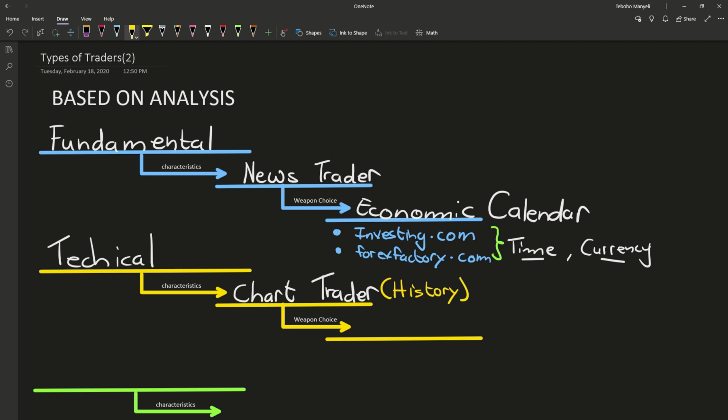Their greatest weapon of choice, kind of giving you the answer here, is basically the history the market makes, because once the chart has gone up in that specific time, that data is there forever.